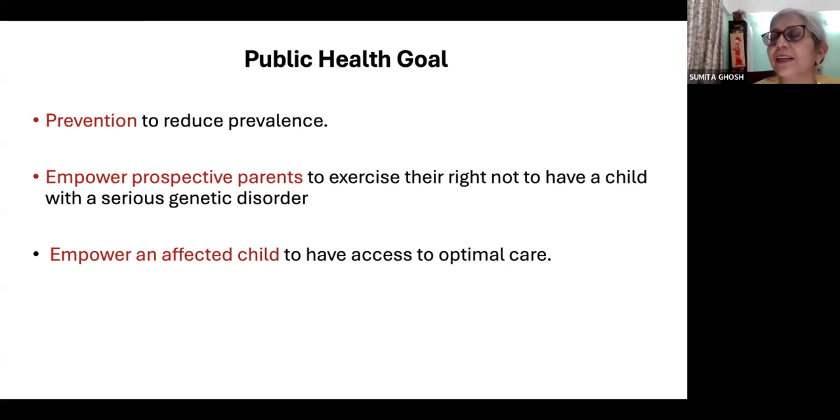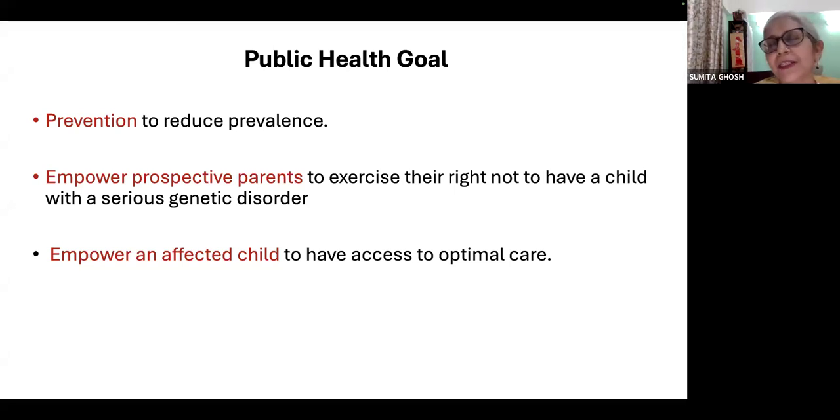But having said all this, the public health policy has said that the goal is prevention to reduce prevalence. That is the first thing, through various activities which are sustainable, cost effective, and which will give results.